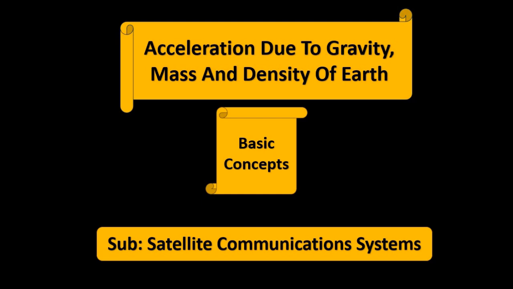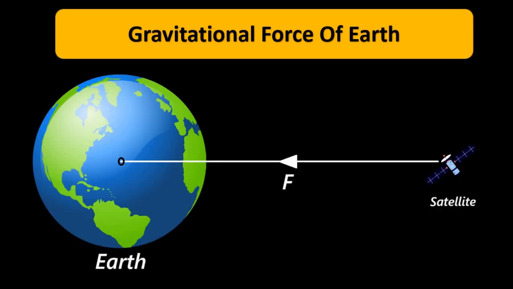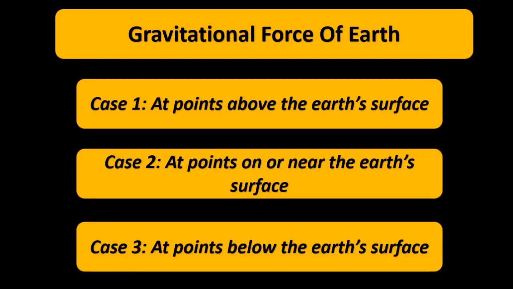Okay, so in the previous video I think we discussed the gravitational force of Earth. We discussed it with respect to three cases: at points which are far away from the surface of the earth, at points on or near the surface of the earth, and at points below the surface of the earth.